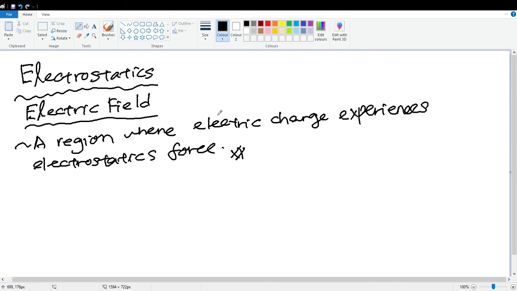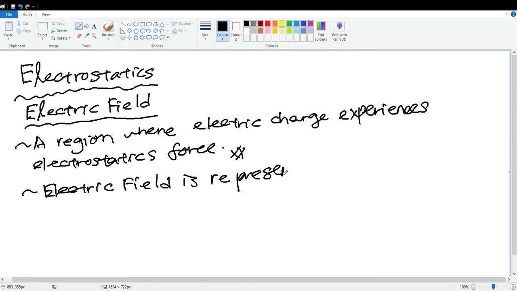Okay, so basically the electric field has a similar concept to the gravitational field. The electric field is represented in the form of electric field lines.